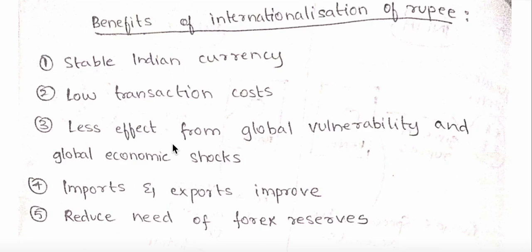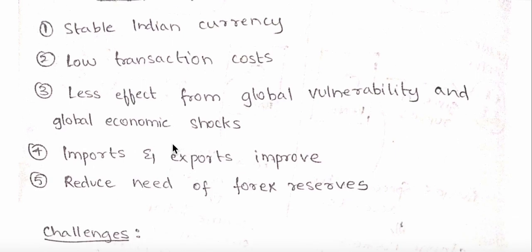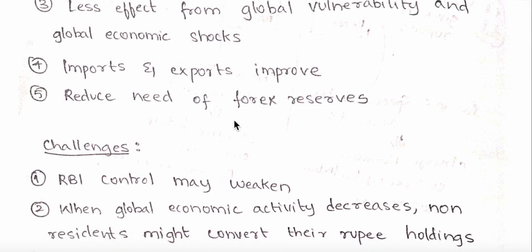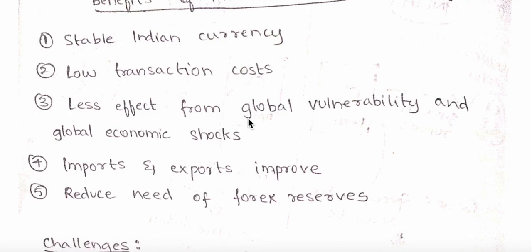Global vulnerability and global economic shocks will have very little effect on us. This also helps us improve imports and exports, and it reduces the need to hold foreign exchange reserves. So these are some of the benefits.